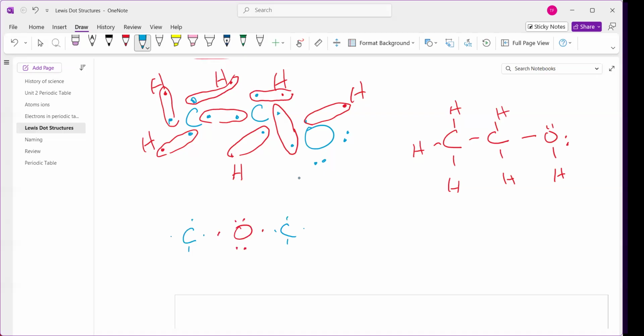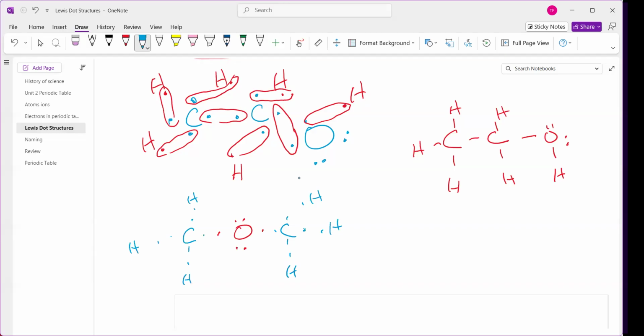We have 6 hydrogens. In this case, the oxygen doesn't have the most singletons. It's got more than one though, so there's combinations you can do with it. But if carbon's in there, start with carbon in the middle.